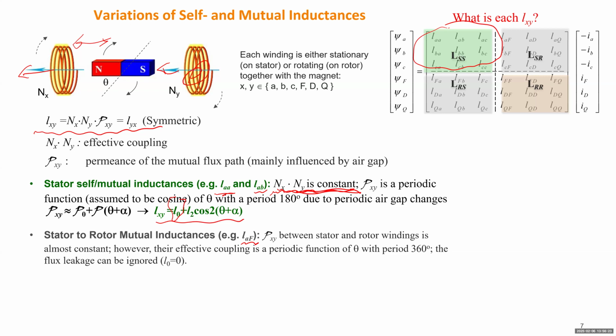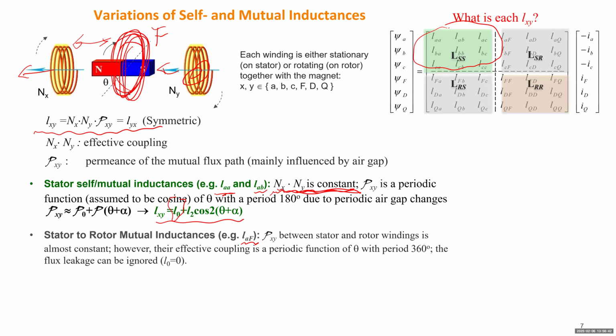The second winding stays on the side of the rotor. If it's a field winding, it will stay together with the rotor. So if the rotor revolves, this rotor winding will revolve together with it.